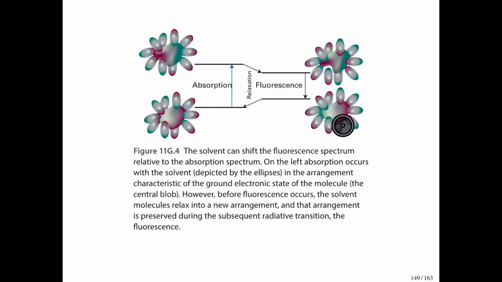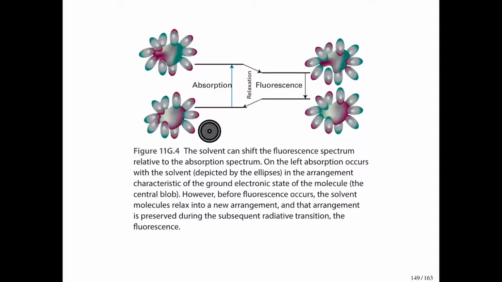This cartoon is meant to illustrate why the 0-0 transition for absorption might not occur at the same wavelength as that of fluorescence. And so you have some chromophore in its ground state. The solvent is caging that chromophore in solution, and there's a particular interaction between the chromophore and its surrounding solvent molecules. And those interactions will be different for the excited state chromophore.